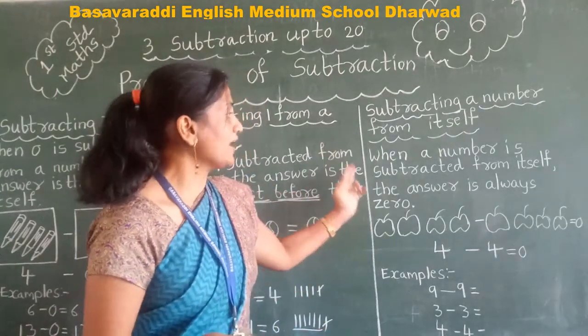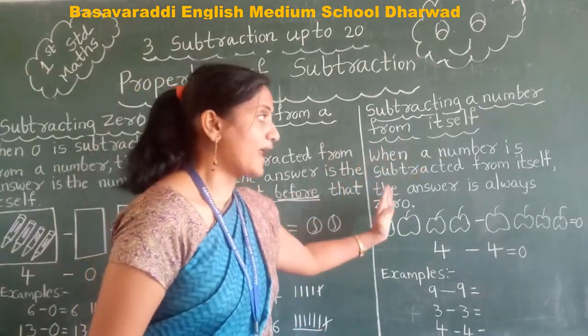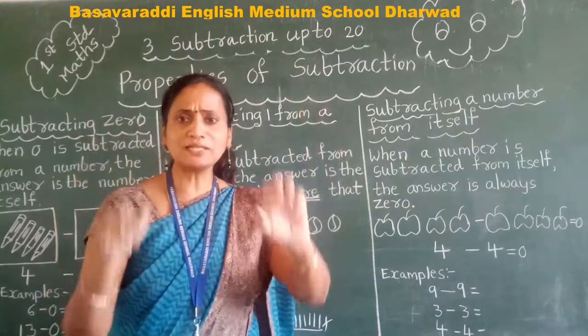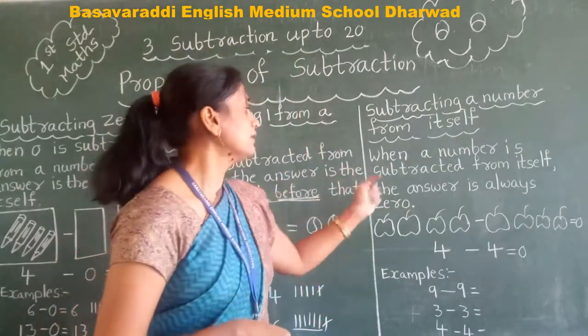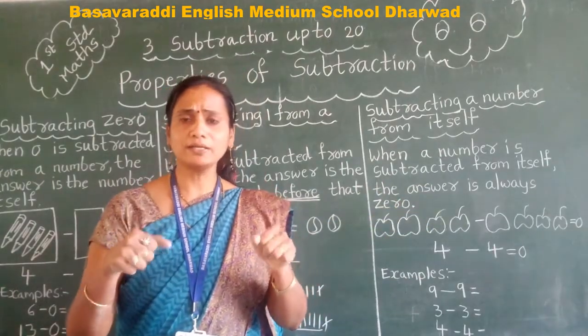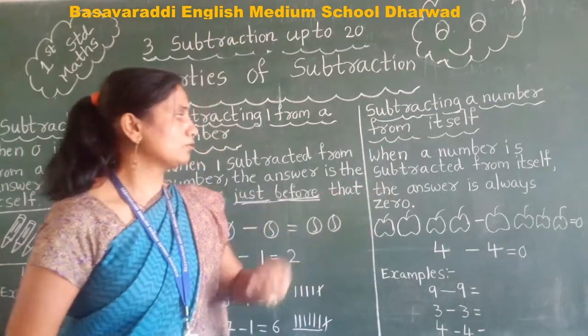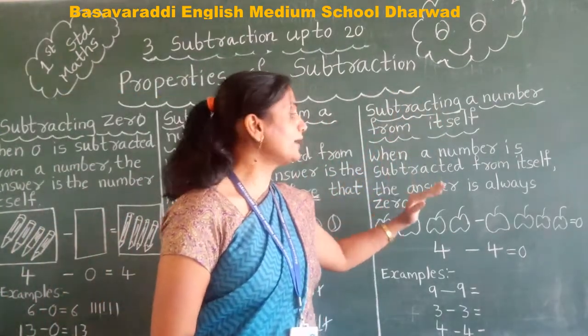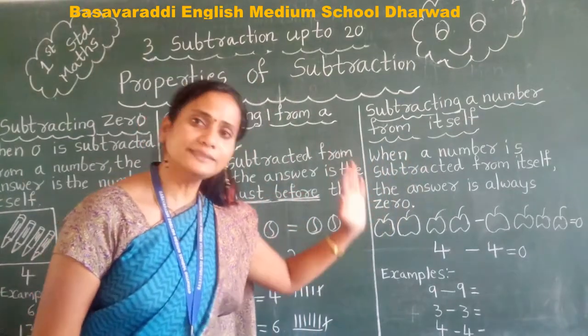When a number is subtracted from itself, the answer is always 0. Nothing is remaining. Yes? So subtracting a number from itself, the answer should be 0 only.